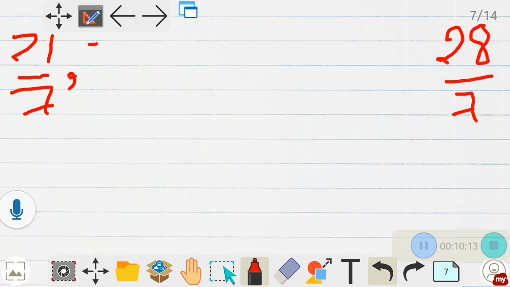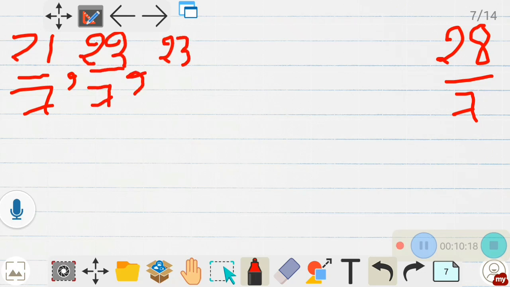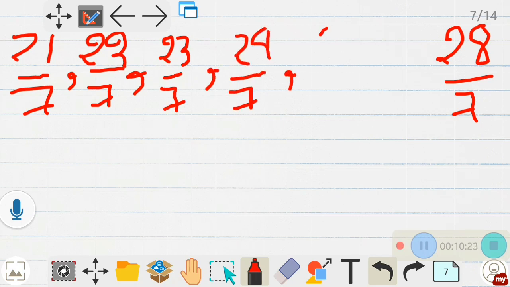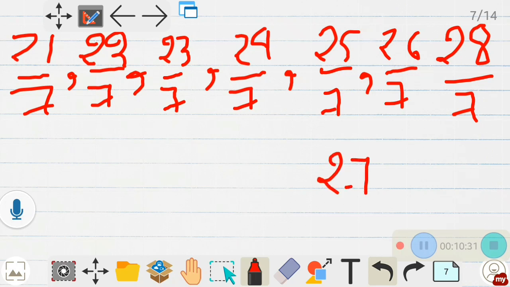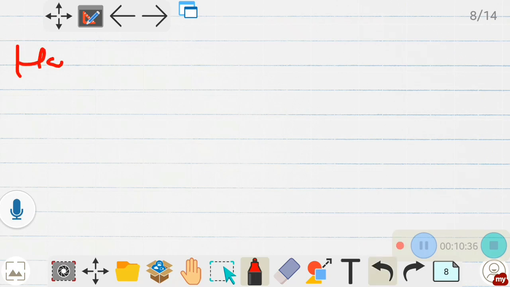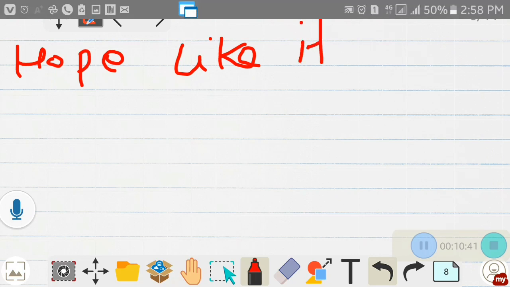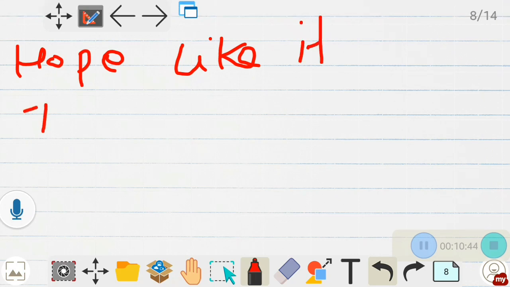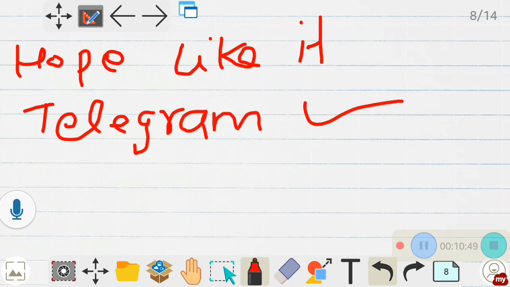So 3 into 7 by 7 will become 21 by 7, and 4 becomes 28 by 7, and now we have 6 rational numbers between them: 22 by 7, 23 by 7, 24 by 7, 25 by 7, 26 by 7, and 27 by 7.